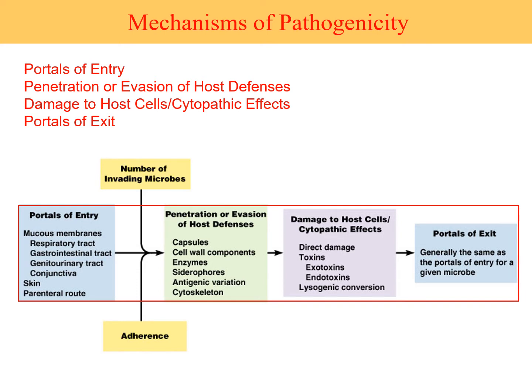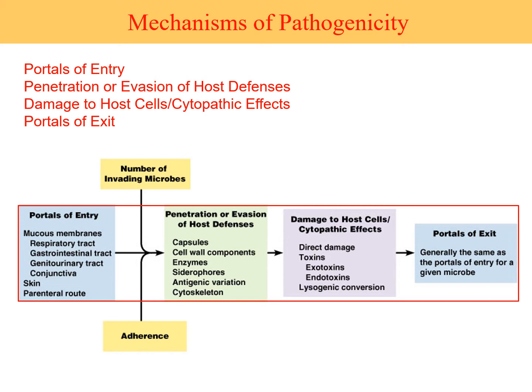Now, when we look at mechanisms of pathogenicity, there are certain key phases that need to be studied. One are the portals of entry, understanding how the organism gets into the body, how it penetrates or evades host defenses, how it causes its cytopathic effect to damage host cells, and then, and this is important for every organism, how it gets out, because it has to get out of the host.